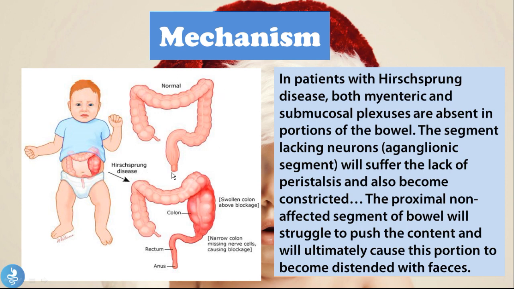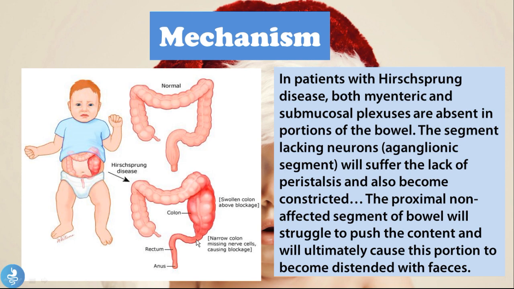But in patients who suffer from Hirschsprung's disease, this is the area here. This little narrow constricted part is actually where we have the absence of these myenteric and submucosal plexuses. Because we have the absence of these nerves here, this part narrows down, it's unable to undergo any sort of peristalsis, it's unable to contract, and it becomes constricted.